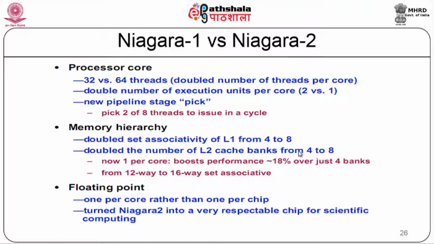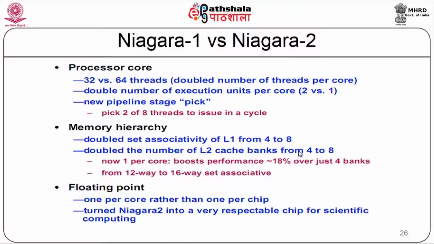Whereas here you have 8 threads per core, so with 8 cores you have 64 threads, double the number of threads per core. You also have double the number of execution units per core, because obviously with more threads you need to provide more execution units, and you also have a new pipeline stage, pick, which picks 2 out of 8 threads to issue in a cycle.